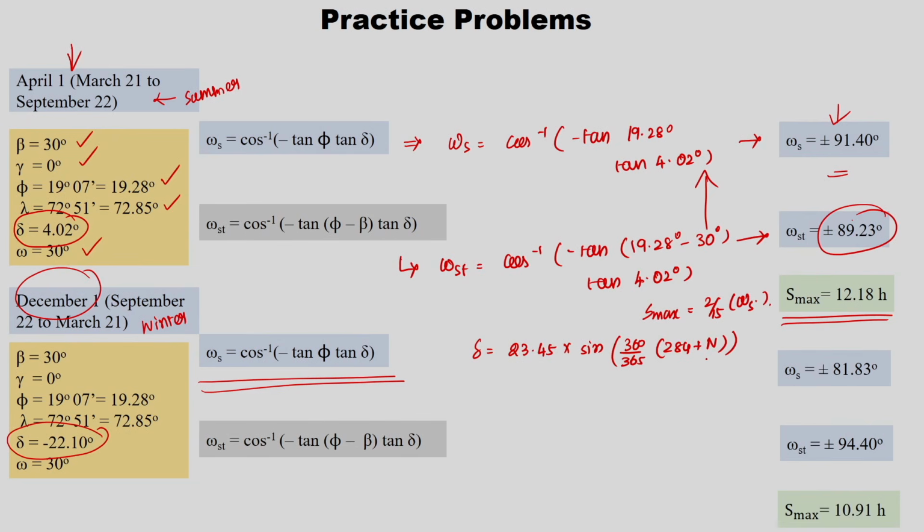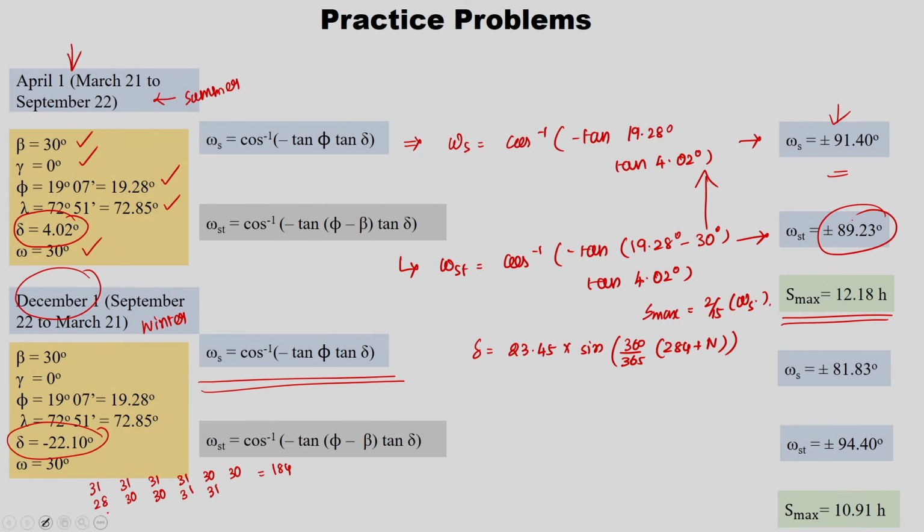So, n of the year for December 1st is January 31, February 28, March 31, April 30, May 31, June 30, July 31, August 31, then September, October, November.